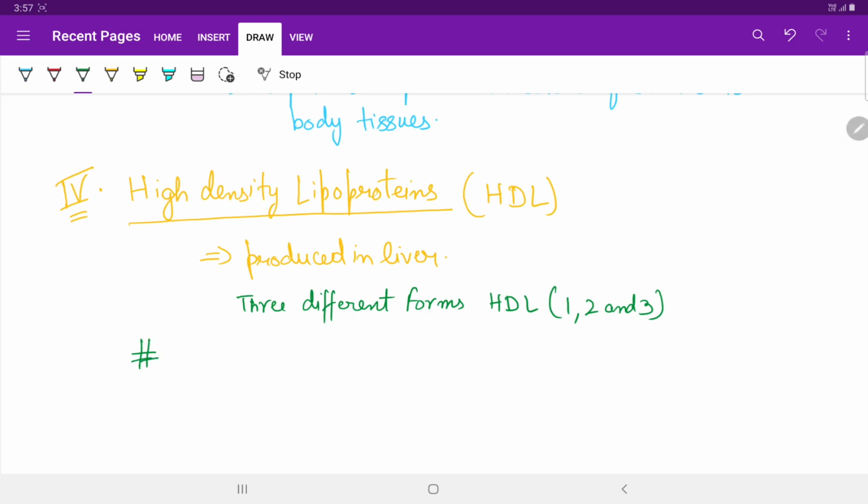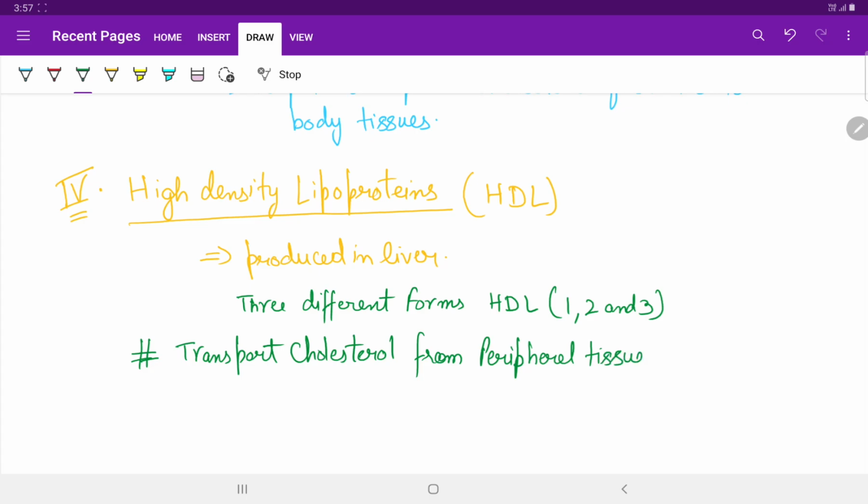HDL particles transport cholesterol from peripheral tissues to the liver. So here is the main function of the HDL molecules. They help to transport cholesterol from peripheral tissues to the liver.